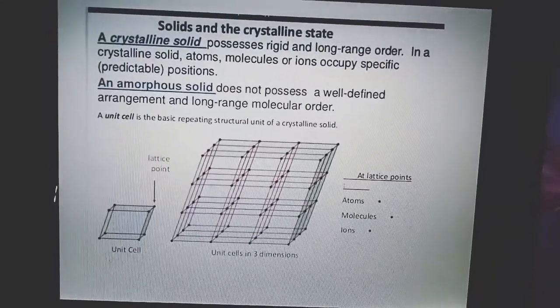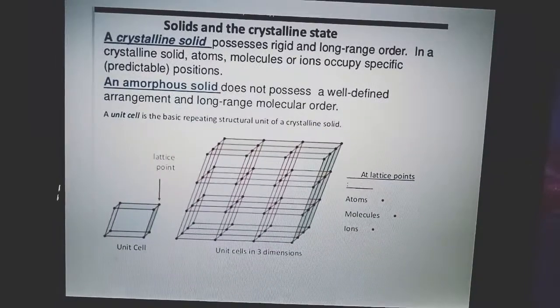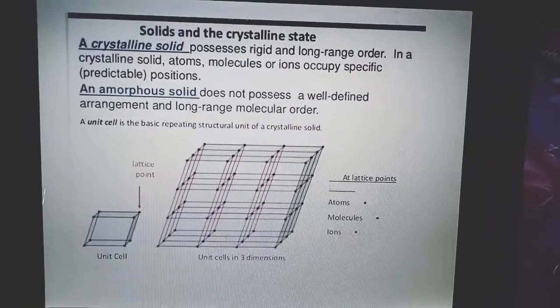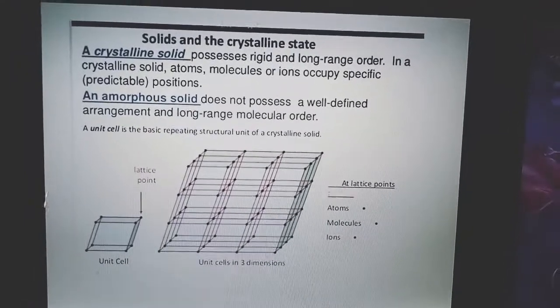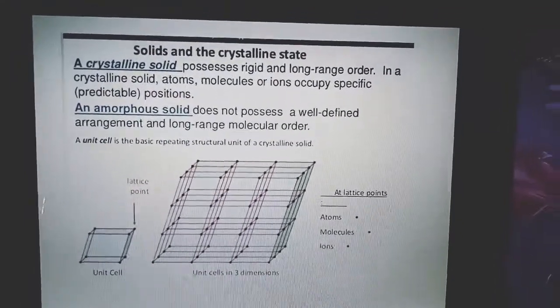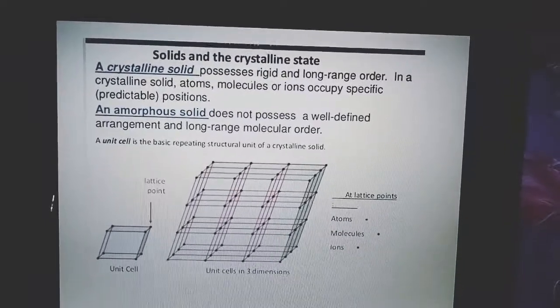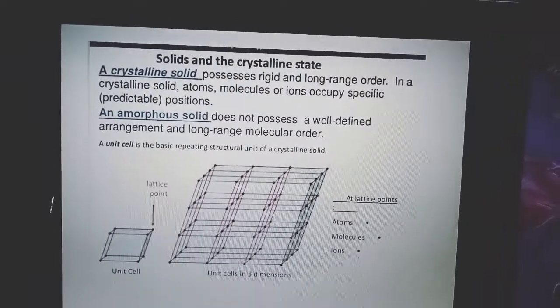Next topic is solid and crystalline state. Now, crystalline solids. What are crystalline solids? A crystalline solid possesses rigid and long-range order. In a crystalline solid, atoms, molecules or ions occupy specific positions.